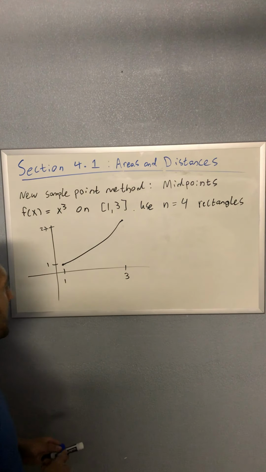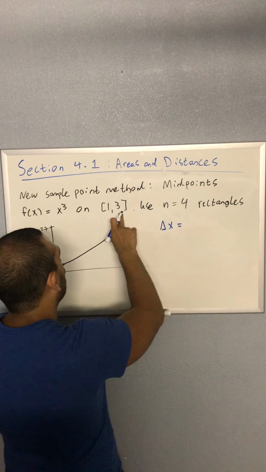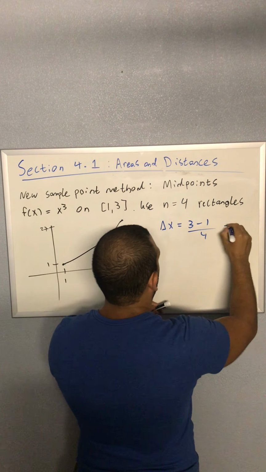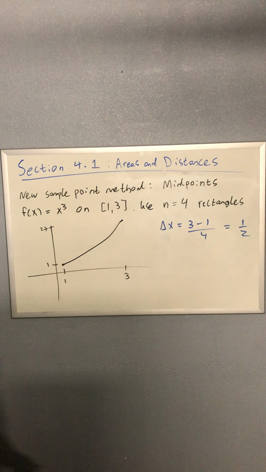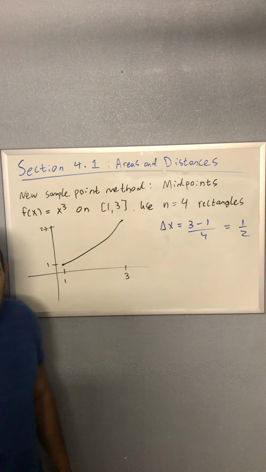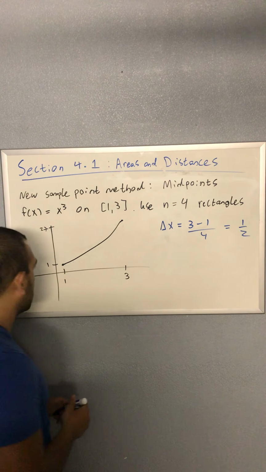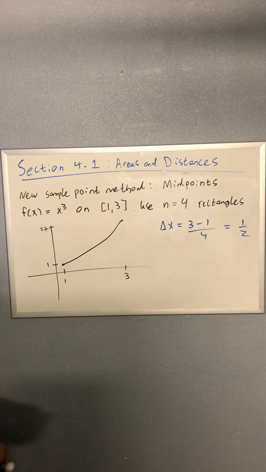Remember, delta x was b minus a over n, so 3 minus 1 over 4, which gives 1/2. So the width of each of our subintervals is 1/2, which is good because it's not too big, not too small. We can visualize it well.